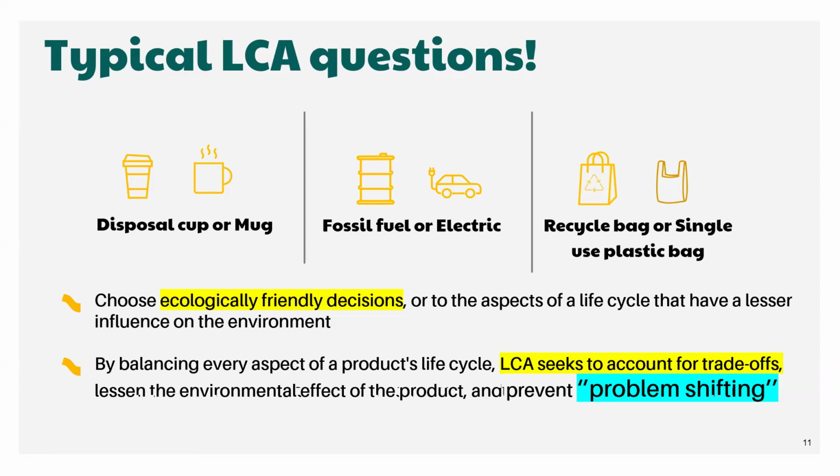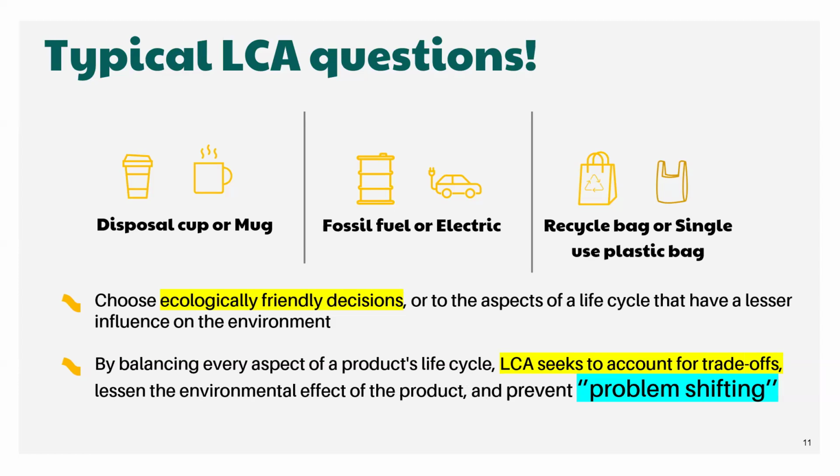So here you have got typical LCA questions, and these relate to environmentally preferable choices or stages of your life cycle that contribute to your product design. So in principle, life cycle assessment aims to account for trade-offs.